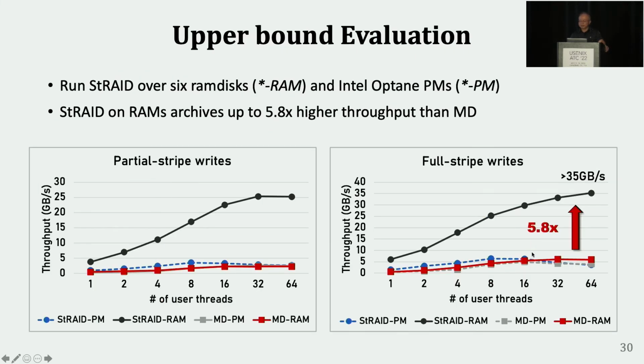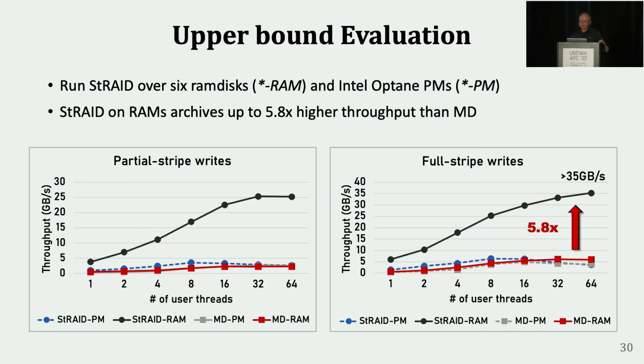So to get a sense of how far StRAID can go with even faster SSDs in the future, we test the upper bound using RAM disk and PM. The throughput of StRAID on PMs is up to 50% and 35% higher than MD on partial stripe and full stripe writes.